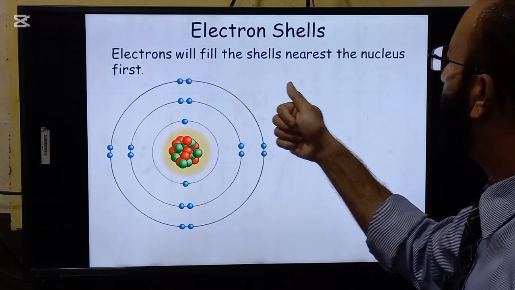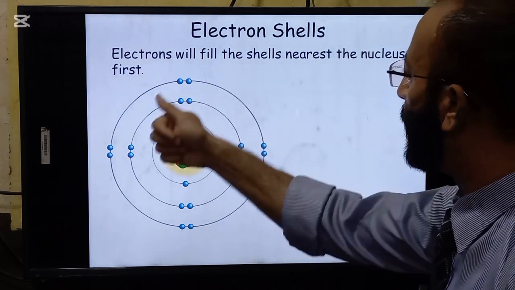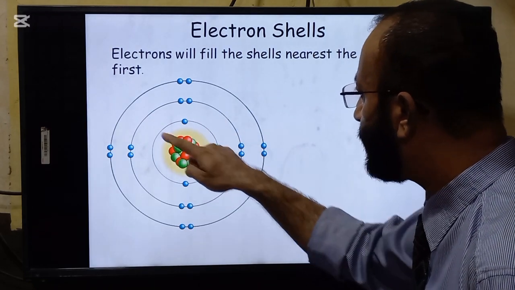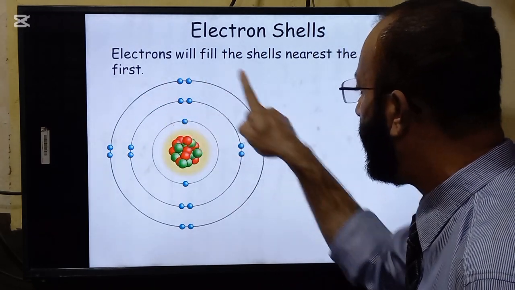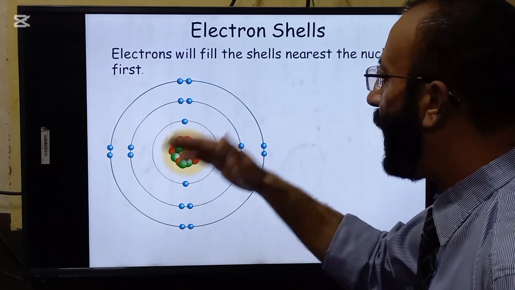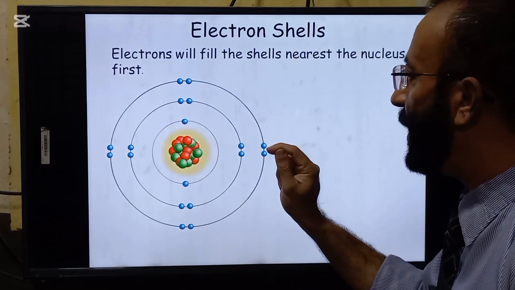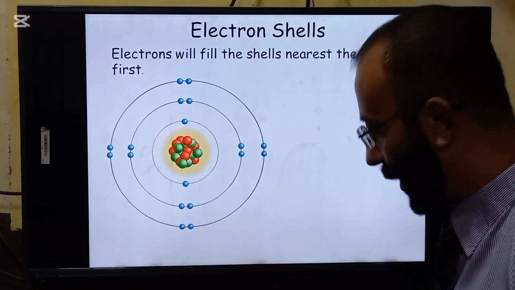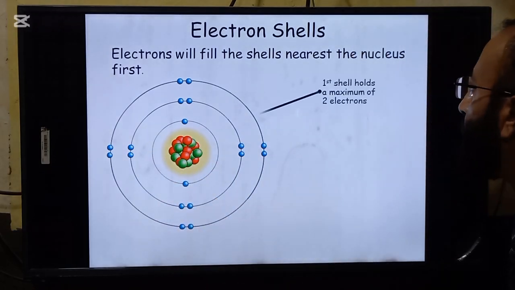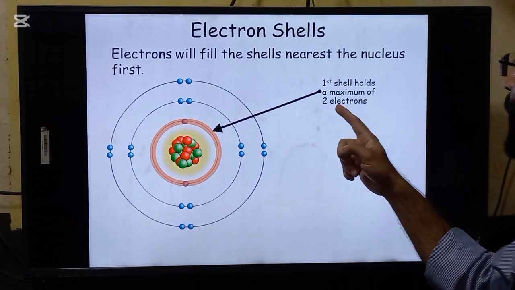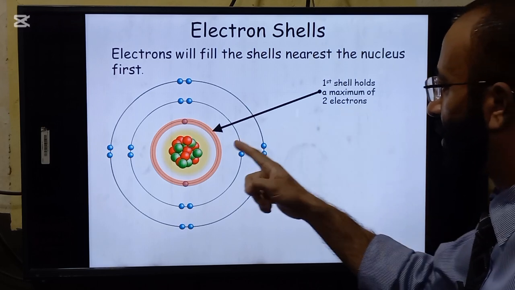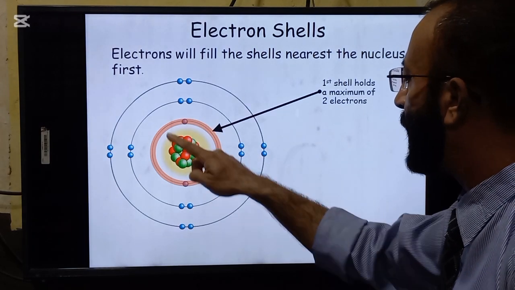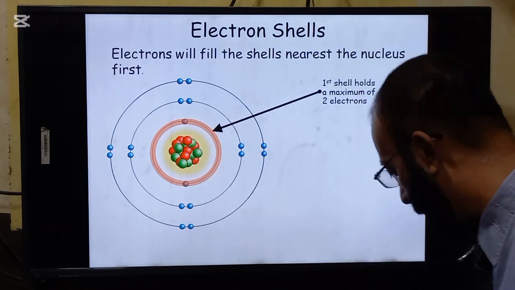Electrons will fill the shells nearest the nucleus first. So the first shell will be filled first, then the second, then the third, and so on. This will be the order of filling the electronic shells. First shell holds a maximum of 2 electrons.